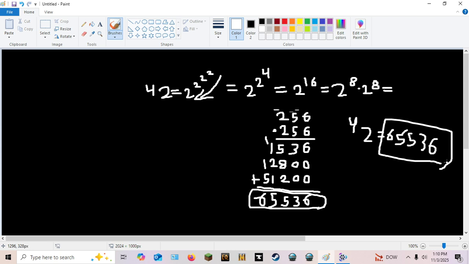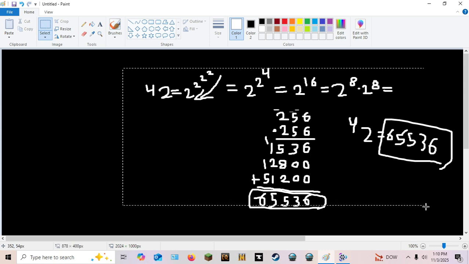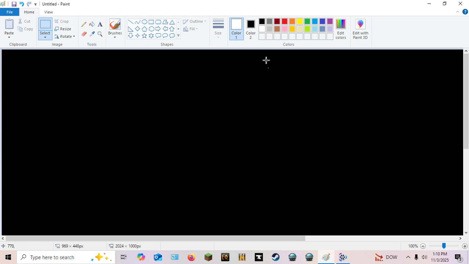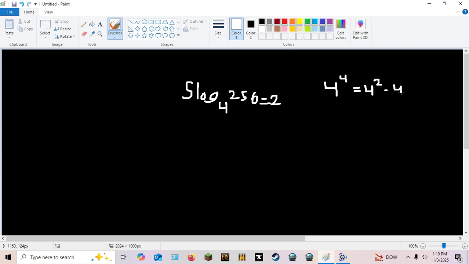Tetration is basically repeated exponentiation. Now we're going to do superlogarithms. Superlogarithm is the inverse or the reverse operation of tetration. So, for example, the superlogarithm base 4 of 256 equals what? 2, right? 4 raised to the 4th power equals 4 squared times 4 squared.